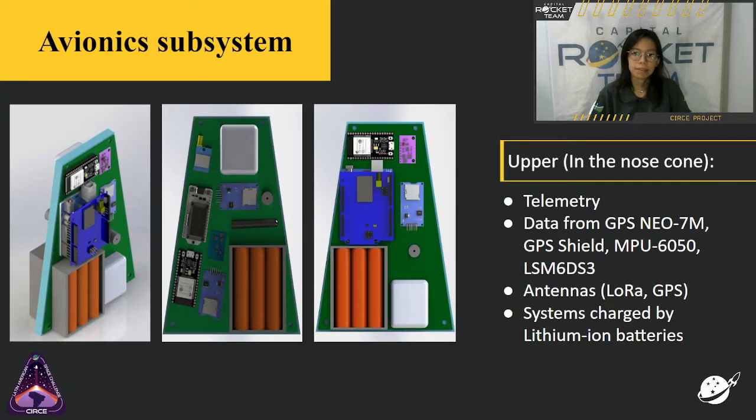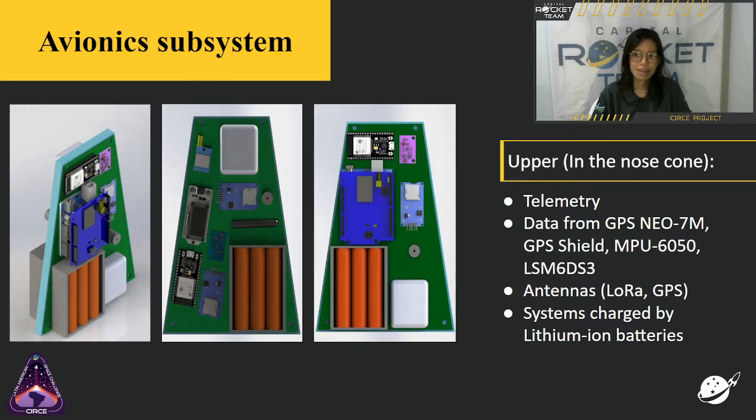The Avionics subsystem is made of two parts, one inside of the rocket, another one outside of the rocket. Inside of the rocket, we also have two parts, one upper in the nose cone and another in the middle of the rocket. In the nose cone, we have a telemetry system, a GPS, and an IMU system.